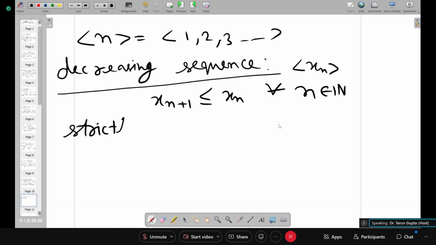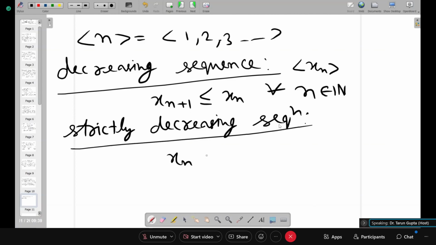Similarly, strictly decreasing also. Strictly decreasing sequence means xn plus 1 is less than xn for every n belonging to natural numbers, and this is the strictly decreasing.